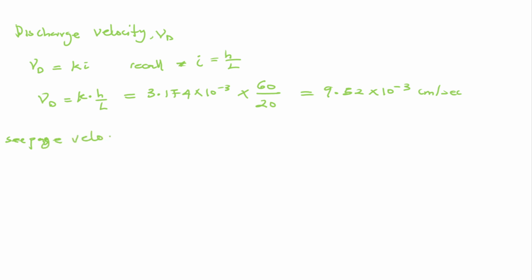Seepage velocity, let us denote it with Vs, which equals your discharge velocity all over porosity. So to obtain this, we need to use some relationships for us to be able to get our porosity. We have to look for our void ratio and our dry density.